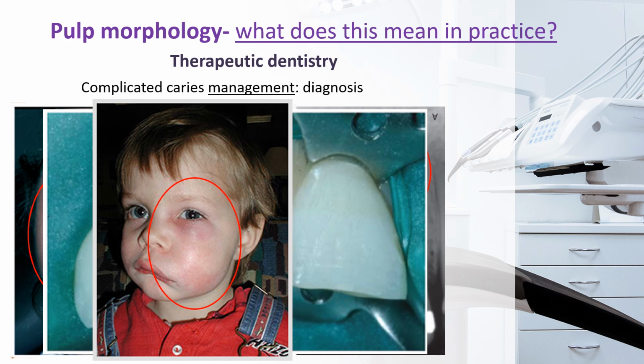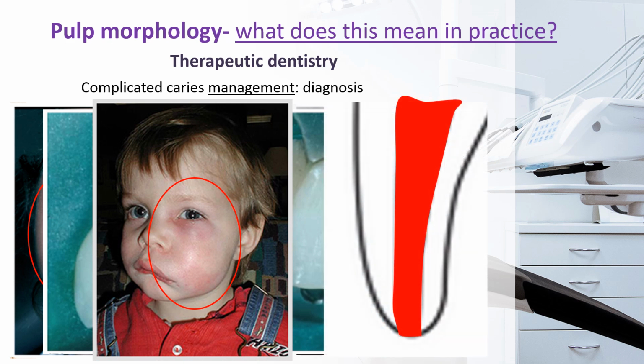You are right, doctors. I never ask you such simple questions. Temporary teeth have a wide apical foramen. I told you that one of the many features of temporary teeth is a wide apical foramen.